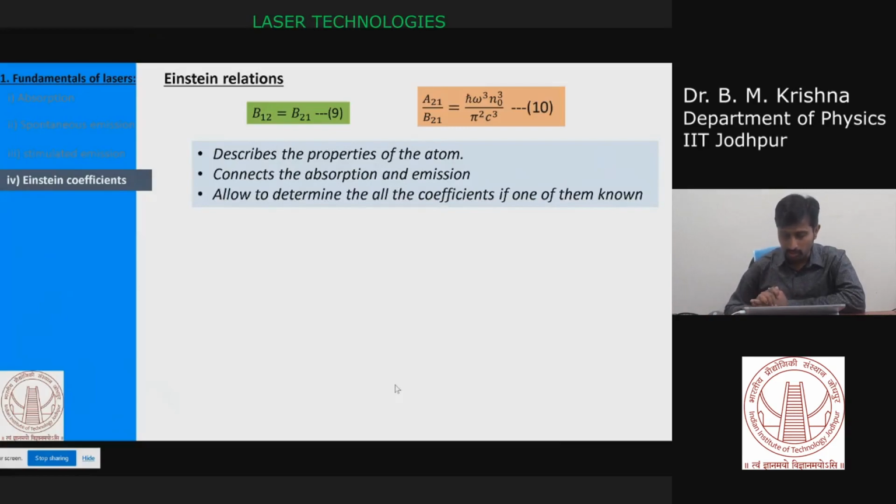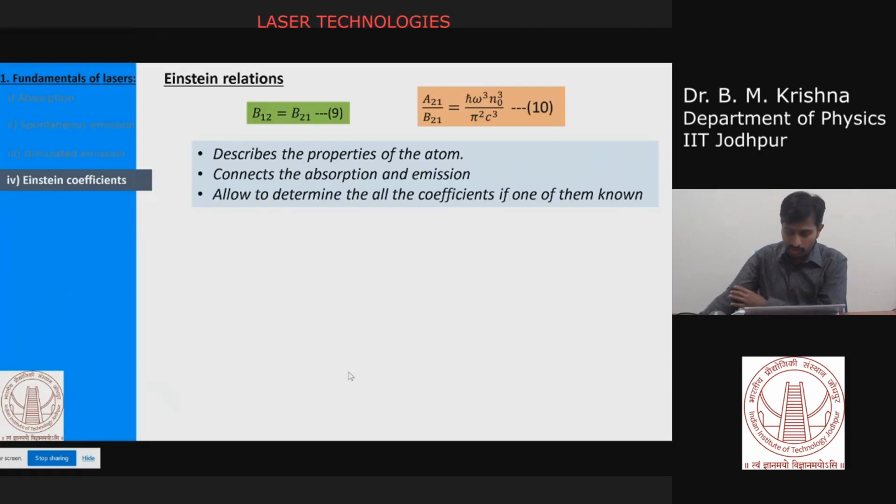Mainly you can get the lifetimes, since different materials and excited states give you different lifetimes. These relations also connect absorption and emission. If you know one of the coefficients, you can derive the others.